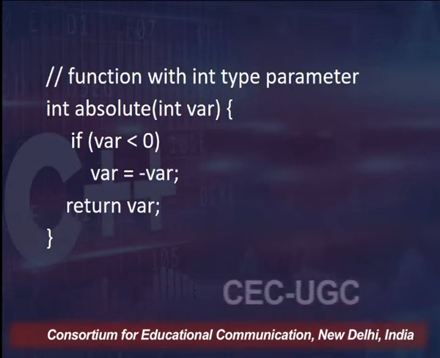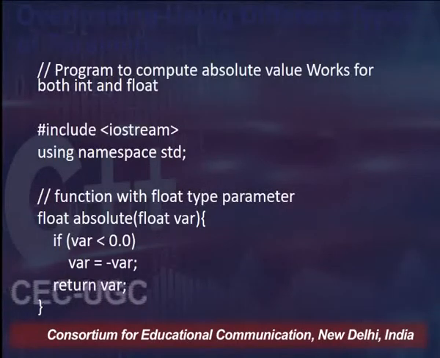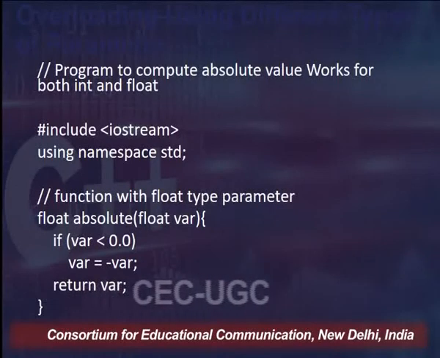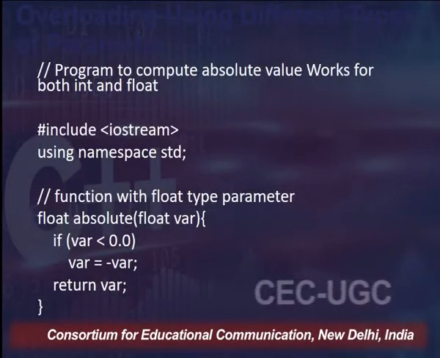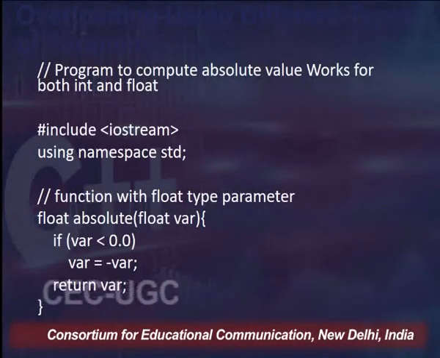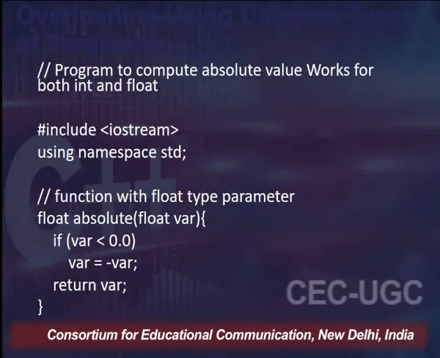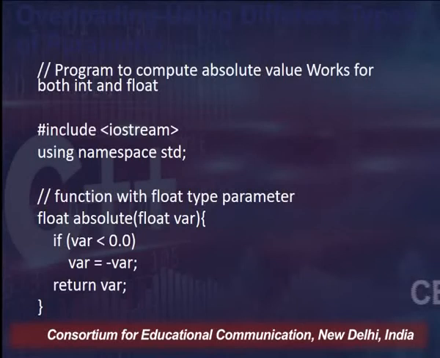Comparing the two versions, the name is the same; the number of parameters is also the same, only one, but the type of parameter is different, and of course the return type is also different. I will come to the issues of return type in a while.